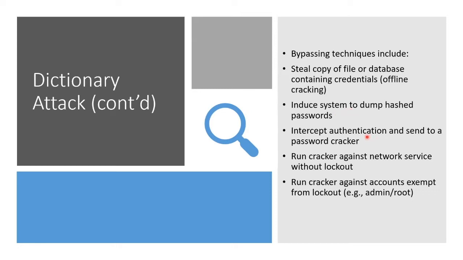You could intercept an authentication, like when someone's logging on across the network, we'll talk about that later, and send that hash that you've captured to a password cracker. You could run a cracker against the network service that does not do lockouts. You could run a cracker against accounts that are exempt from lockout, like administrator or root.